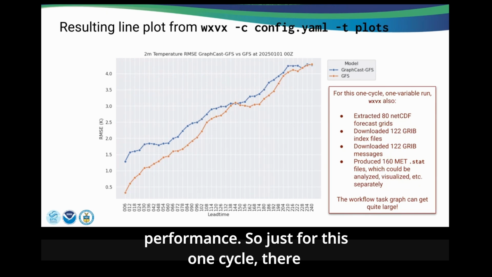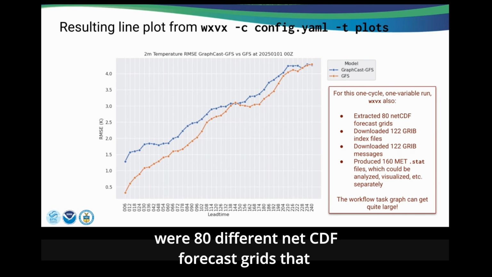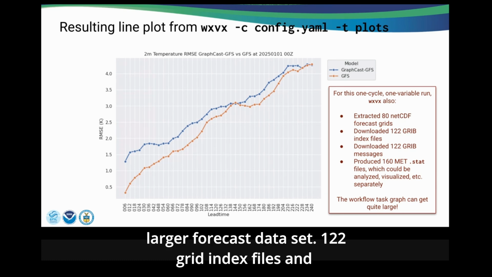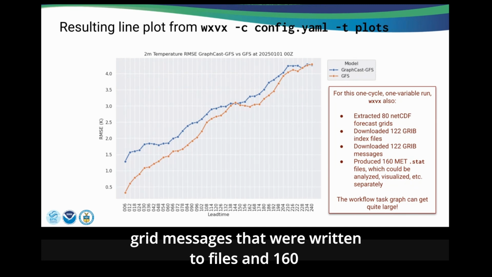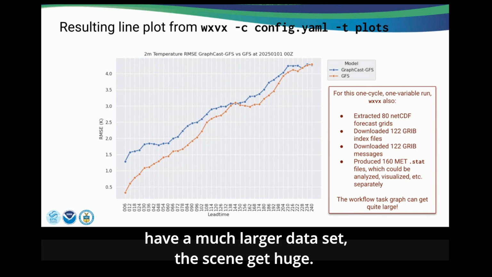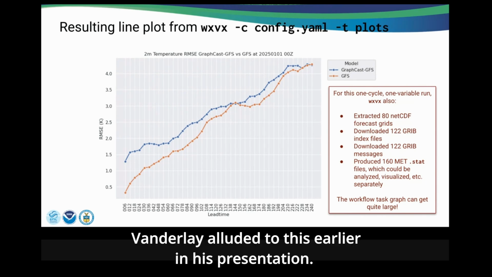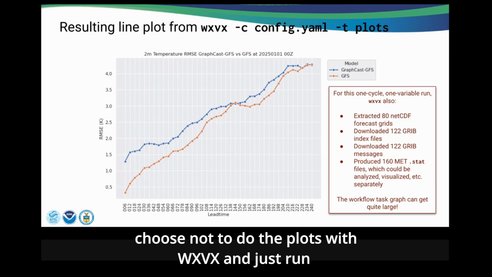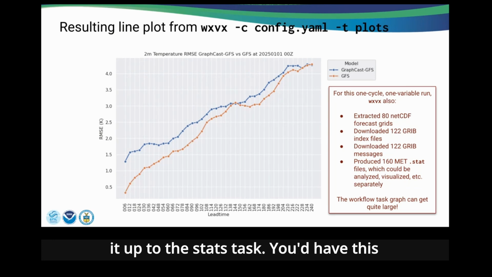So just for this one cycle, there were 80 different netCDF forecast grids that were created, pulled out of the much larger forecast data set, 122 GRIB index files and GRIB messages that were written to files, and 160 stat files created by MET. So obviously, when you have a much larger data set, this can get huge. Vanderlei alluded to this earlier in his presentation. I'll point out that the MET stat files, you could choose not to do the plots with WXVX and just run it up through the stats task.